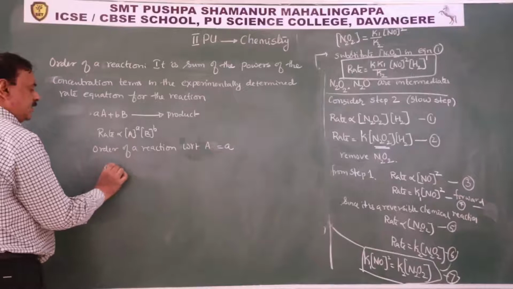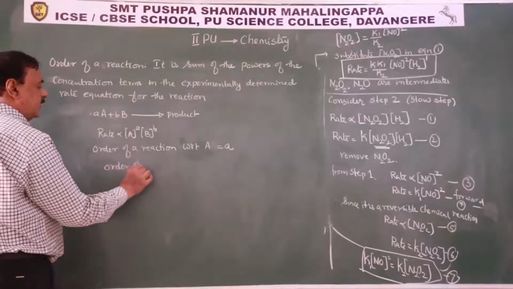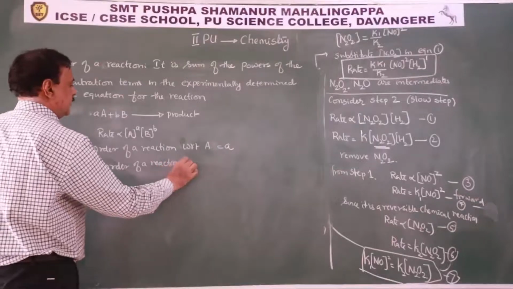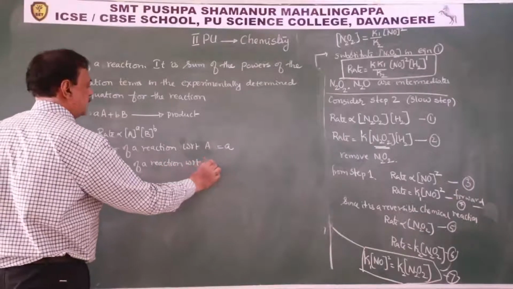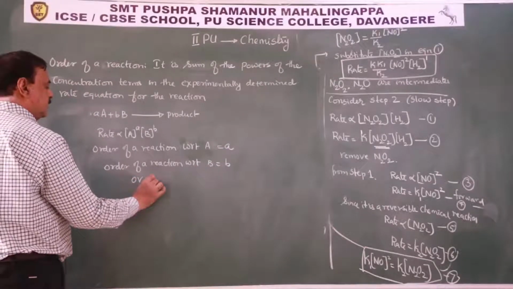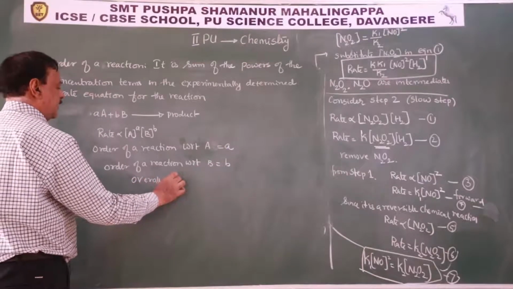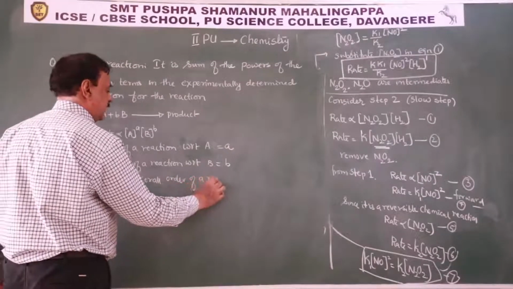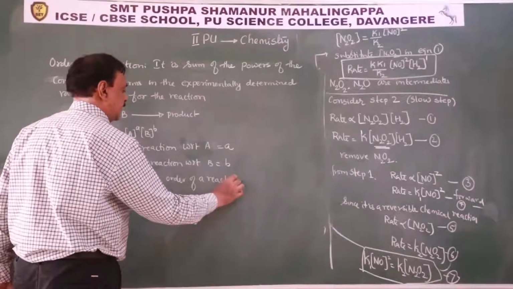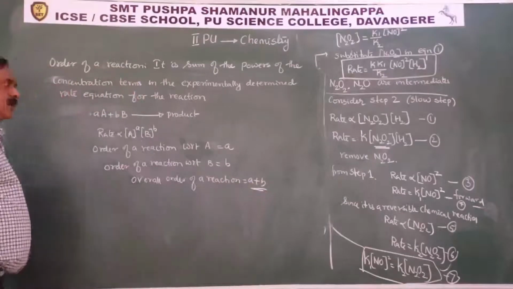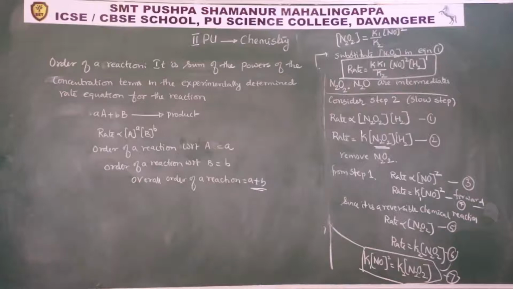Similarly, the order of the reaction with respect to B is equal to small b. Therefore, the overall order of the reaction is equal to a plus b. That is how we can determine the order of the chemical reaction.